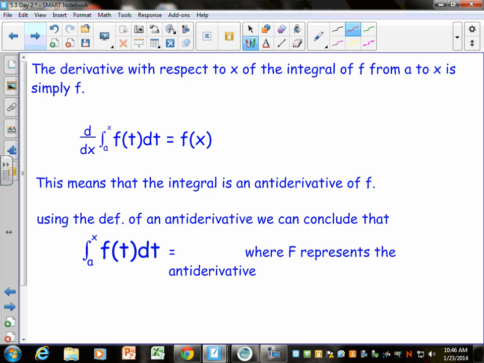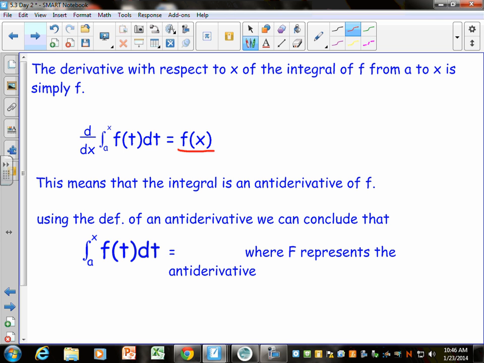It says the derivative with respect to x of the integral of f from a to x is simply f. And we kind of talked about this. Derivatives and integrals are inverses, they undo each other. So if we took the derivative, from a to x, it's actually just f of x, because the derivative kind of undoes the integral.